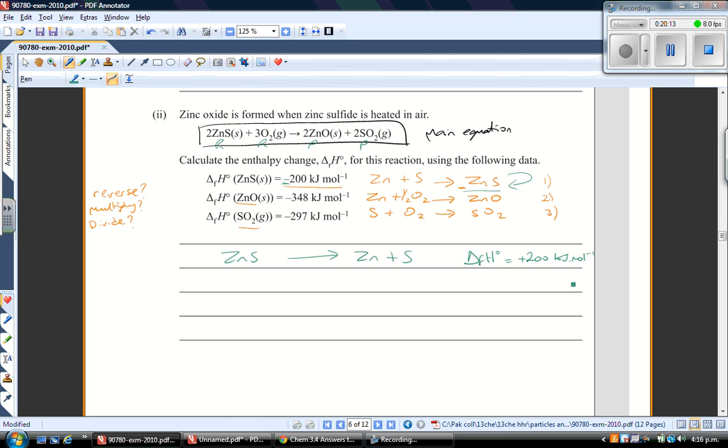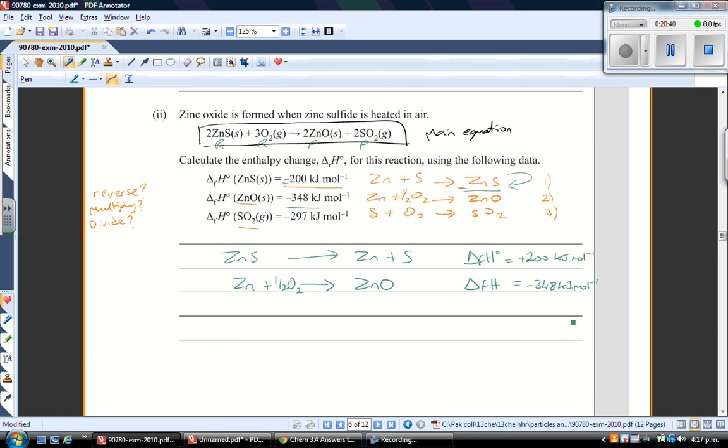The next equation, zinc plus a half oxygen going to zinc oxide. And zinc oxide is a product in the main equation, so that's fine. So we'll just write that down as is. Zinc plus a half O2 going to zinc oxide. The enthalpy for the formation of that was equal to minus 348 kilojoules per mole.